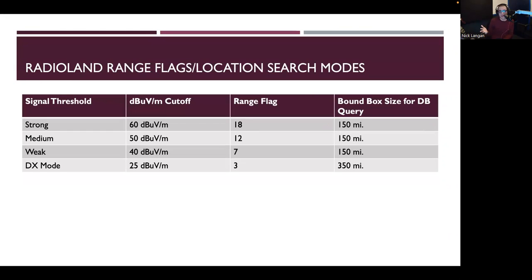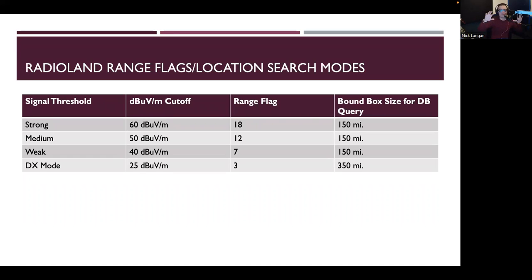This corresponds to, first of all, in RadioLand, there are different signal thresholds. So if you do a search, you could do a search with the strong threshold that cuts off signals that are below 60 decibels, all the way down to DX mode. That's the sort of unbridled 25 decibel level.